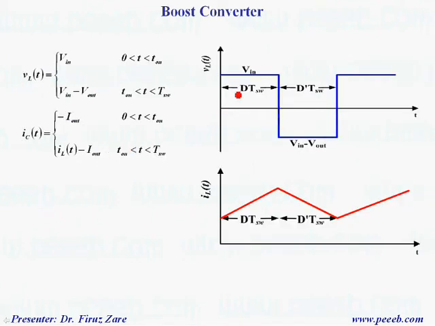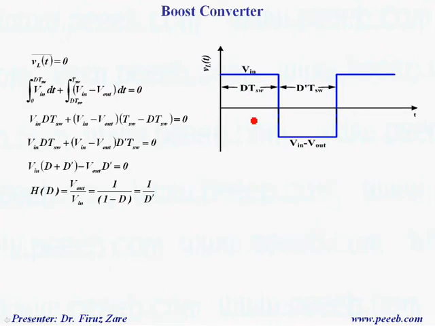So finally we can draw the output voltage. We can draw the voltage across the inductor. That means when the switch is on, we have input voltage across the inductor, and when the switch is off, we have input voltage minus output voltage across the inductor. Now we can find the equation in steady state, or the conversion ratio.